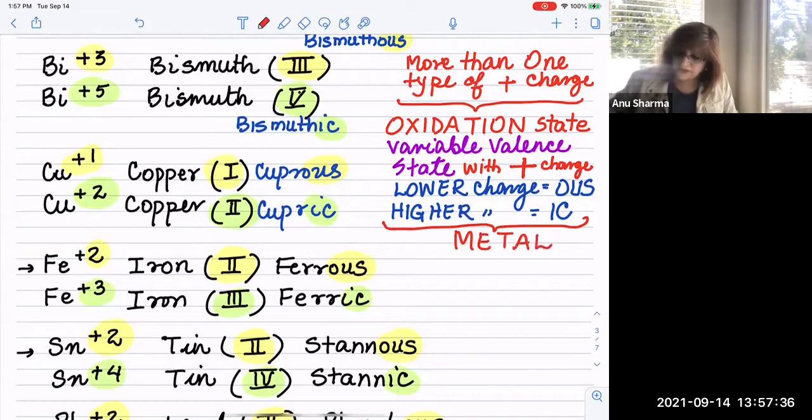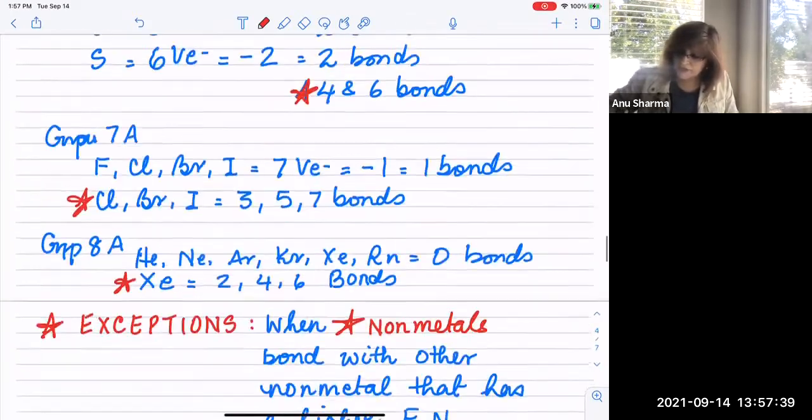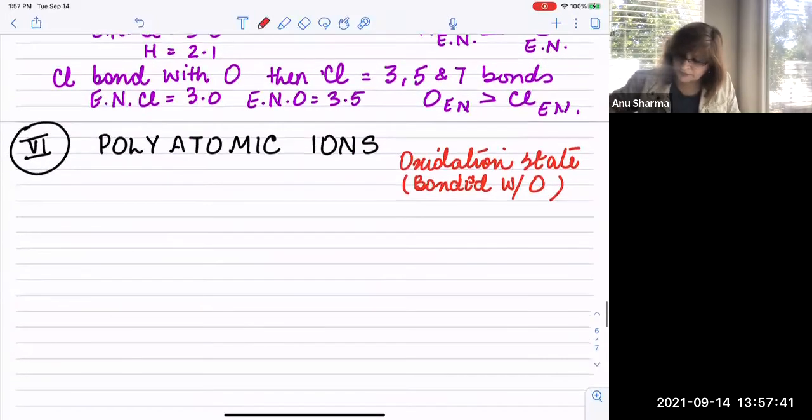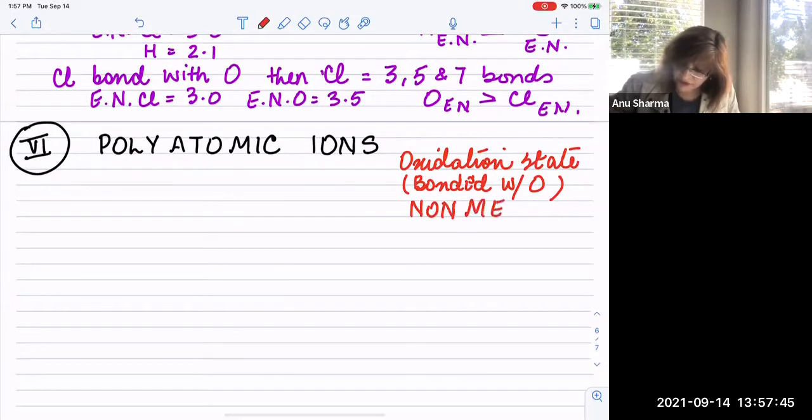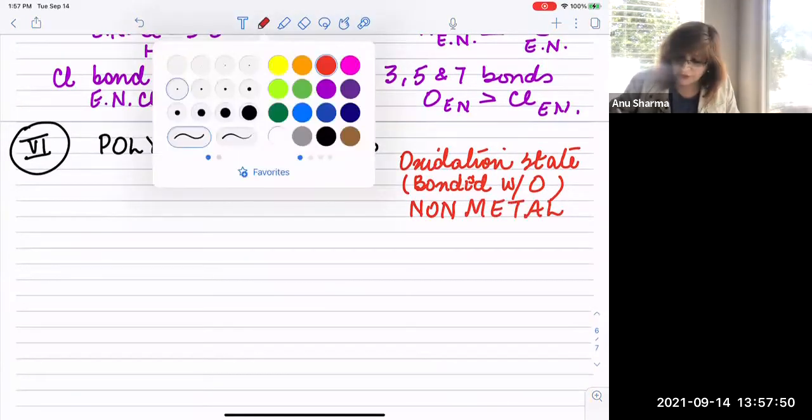Now we are looking at the non-metals. In the non-metals, when they combine with each other, they form these polyatomic ions.